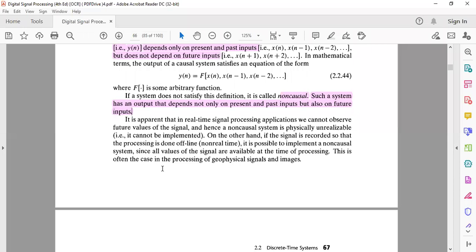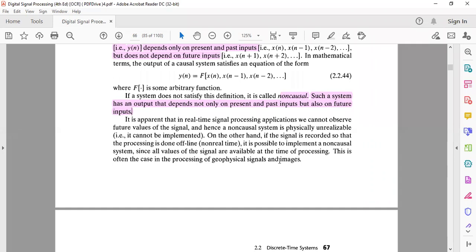This is often the case in the processing of geophysical signals and images, because these are already stored. When they are already stored, you can actually use the future inputs.